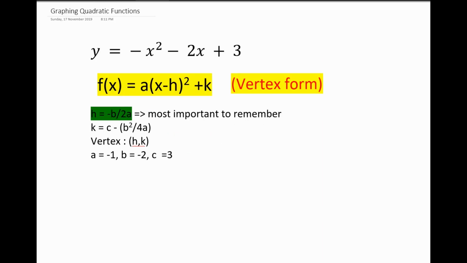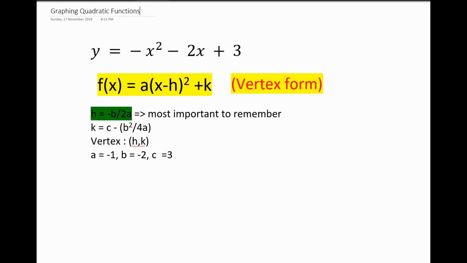So let's apply it. Going back to our example, we have y is equal to negative x squared minus 2x plus 3. As mentioned, h is the most important formula that you need to remember, which is negative b all over 2a. So arrange your quadratic function first from highest to lowest exponents.